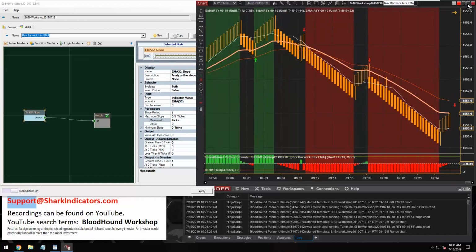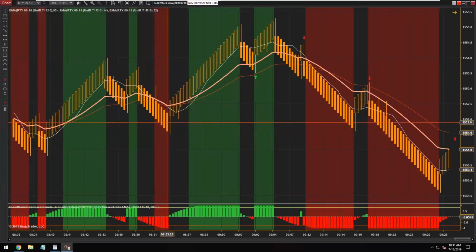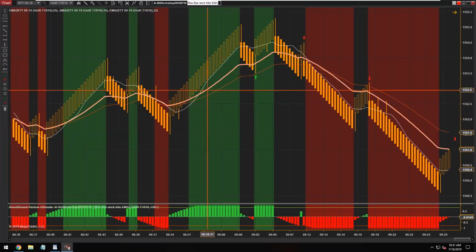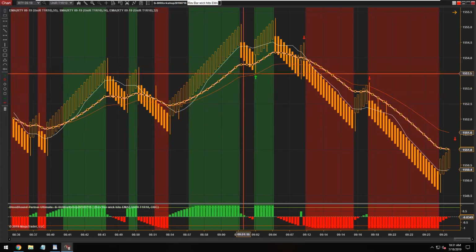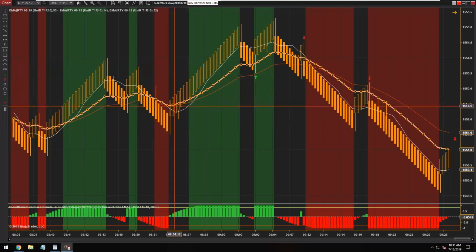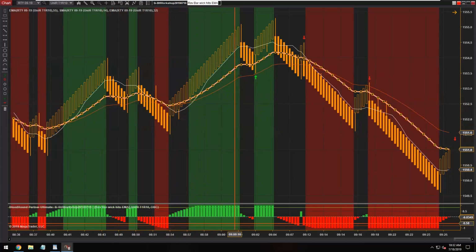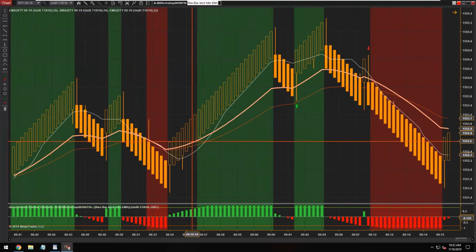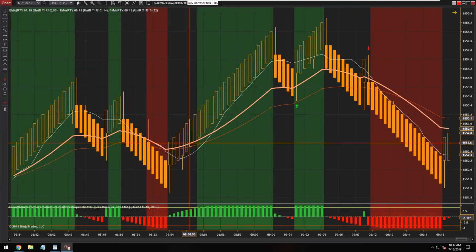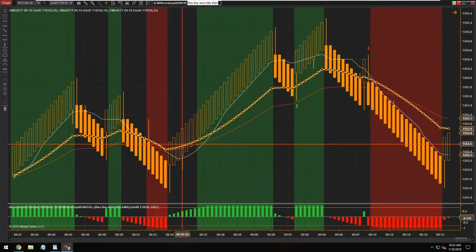And then you basically just take a look, use your best judgment and figure out, like this, for example. Let's take a look right here. Does the EMA right here have enough slope to it that you would want to include it?